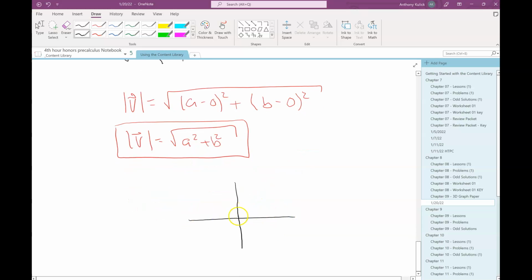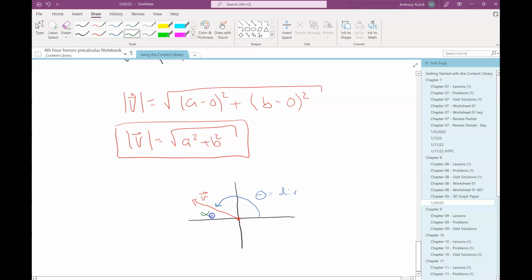So here, let's say that this is the picture of my component form vector v. Everybody's cool there? So my direction then is going to be this quantity theta, right? So this looks very much like a first semester problem, right?